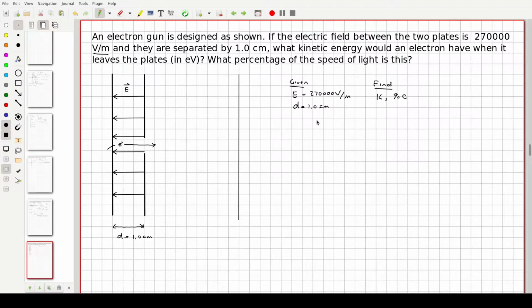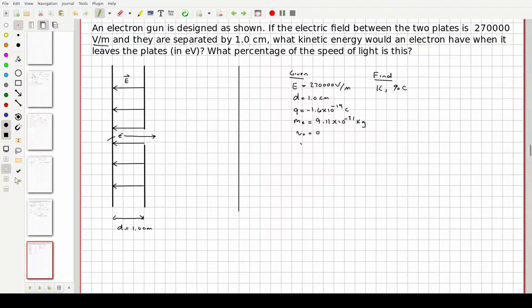Now we're dealing with electrons here, which means we know additional information. We know the charge is minus 1.6 times 10 to the minus 19th coulombs. We know the mass of the electron, which is 9.11 times 10 to the minus 31st kilograms. We're going to assume that the electrons are injected between the plates with an initial velocity of 0, so we know v0 is 0.